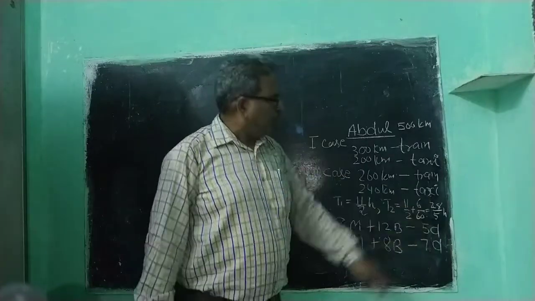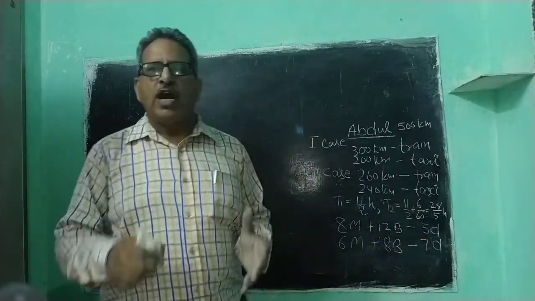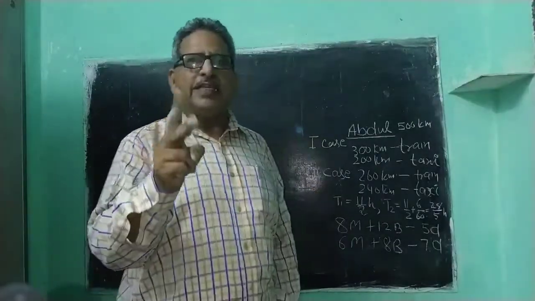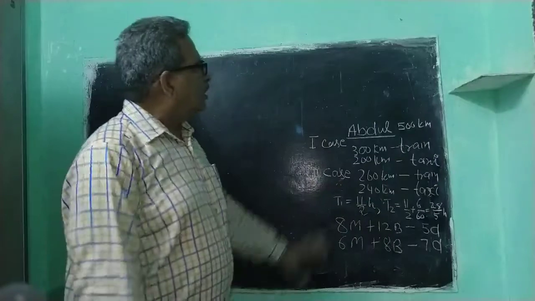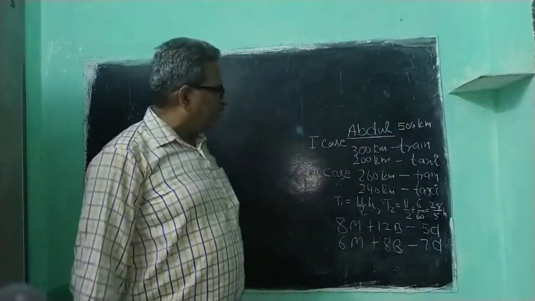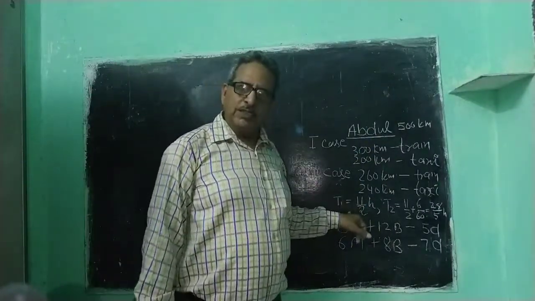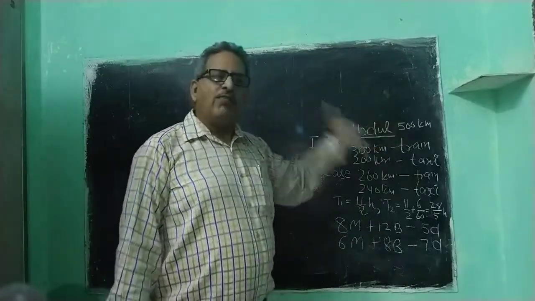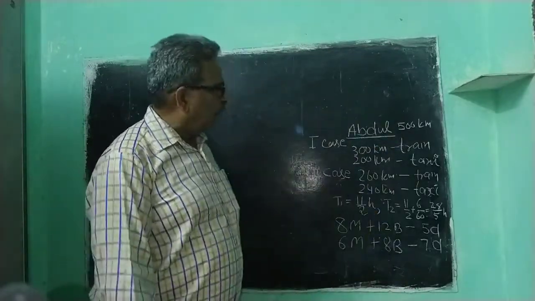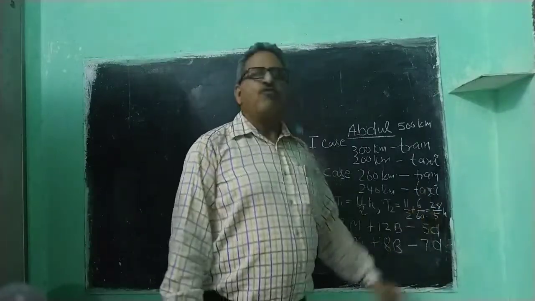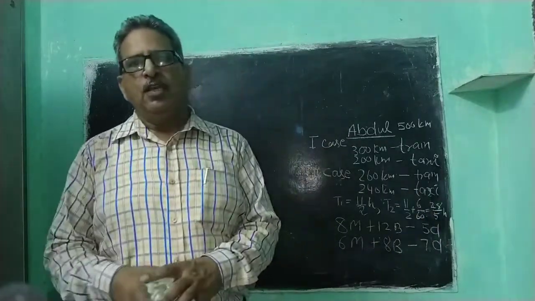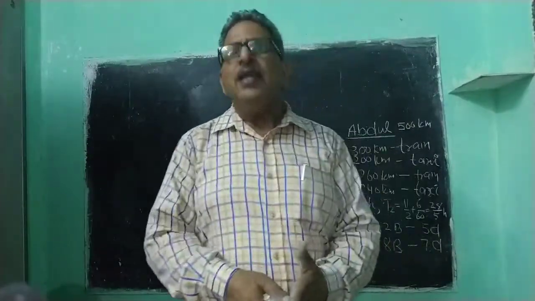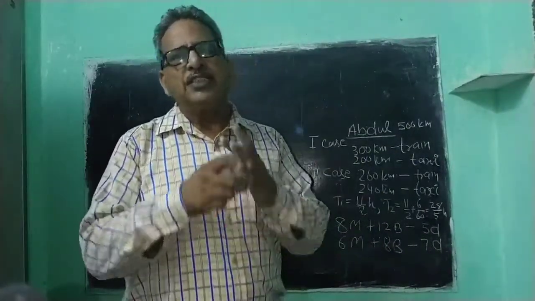So it came to 28 by 5 hours. So here there are two cases. In the first case, the 500 kilometer was covered in 11 by 2 hours. In the second case, the same 500 kilometer is covered in 28 by 5 hours. We have to find the speeds of the train as well as of the taxi.